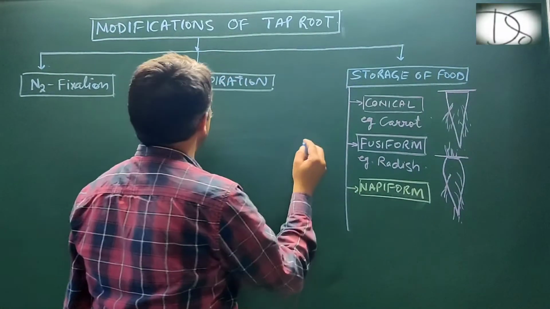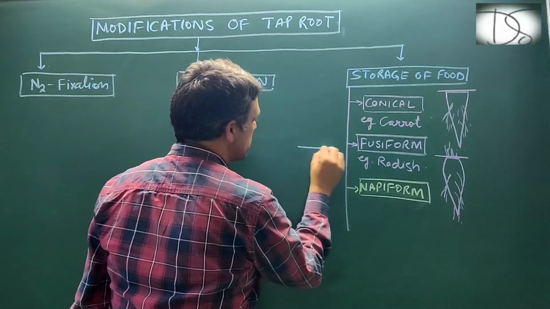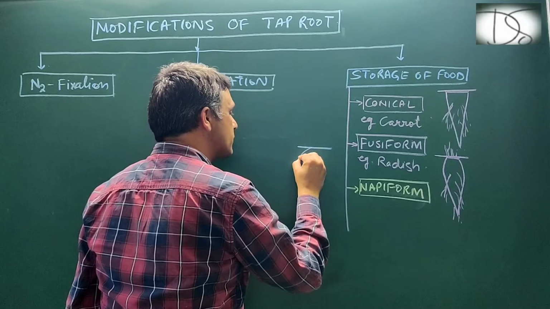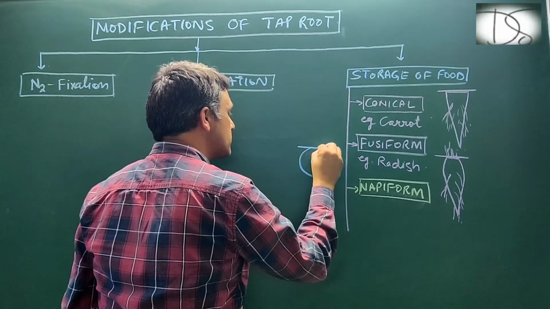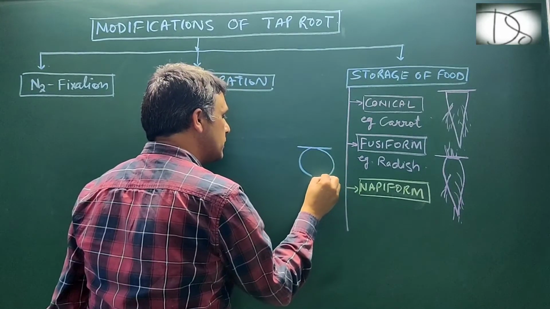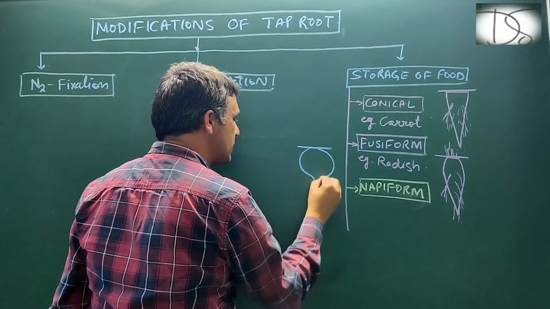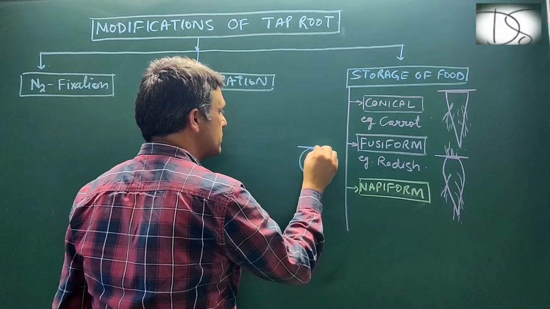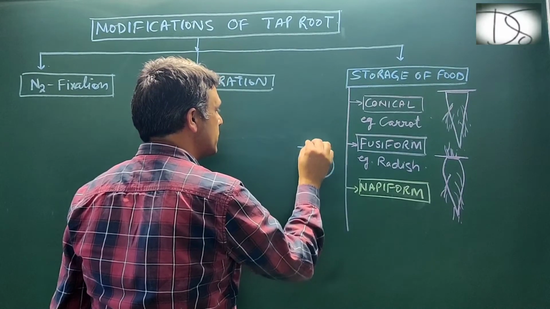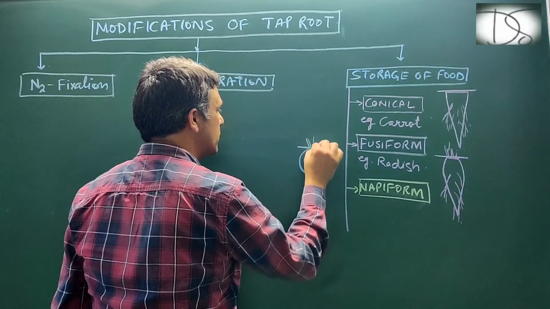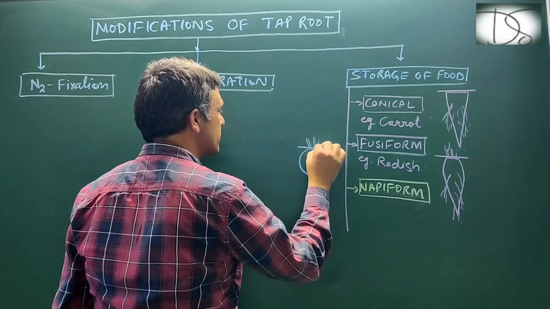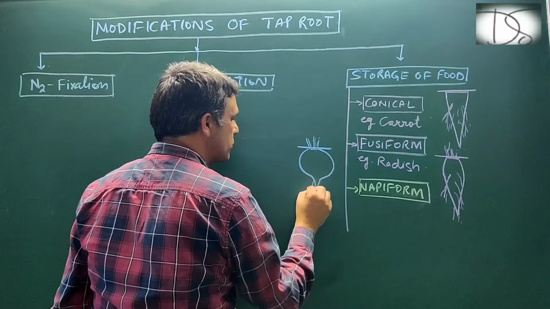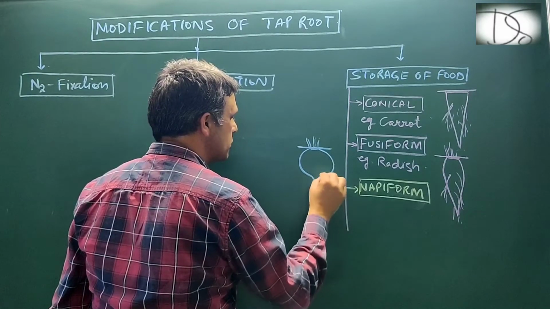This is the ground, and the napiform roots are like a sphere, like this, and they abruptly taper at the base. Here it is the discoidal stem or reduced stem, and from here the leaves will originate, right? And the secondary and tertiary roots originate from this lower portion.